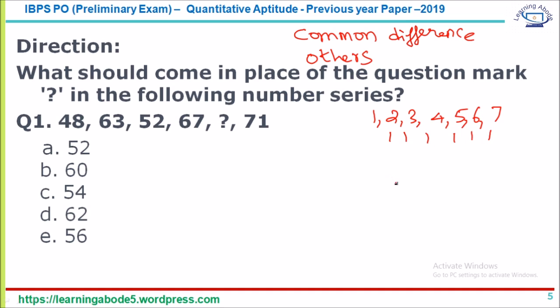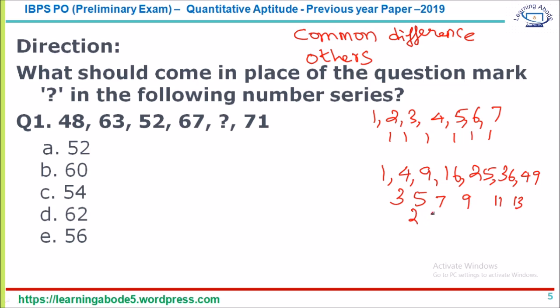And if I take another series like this, which is a square series, is this a series that belongs to common difference? Yes, I can say so, because the difference, if you see, is 3, 5, 7, 9, 11, 13, etc.